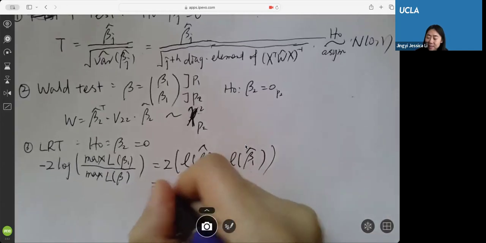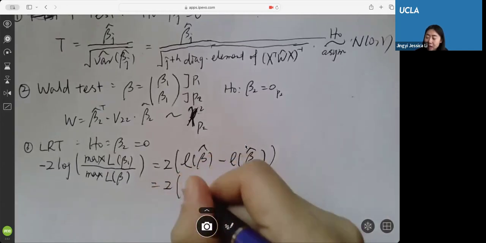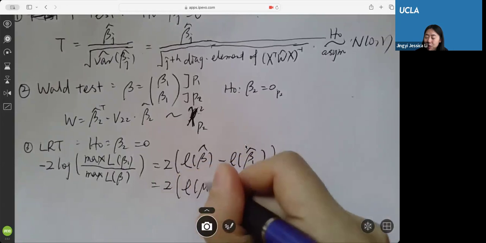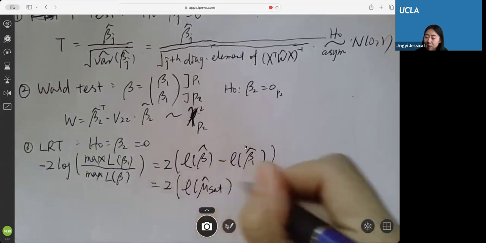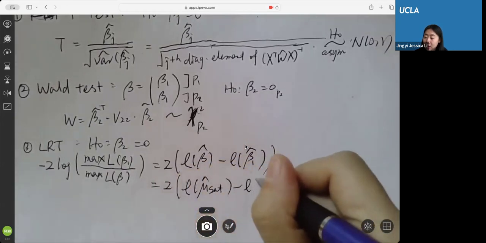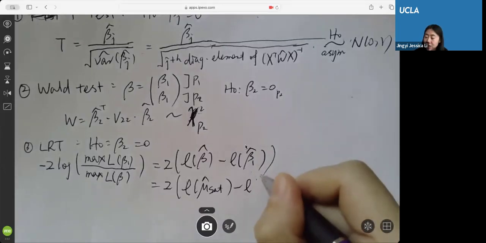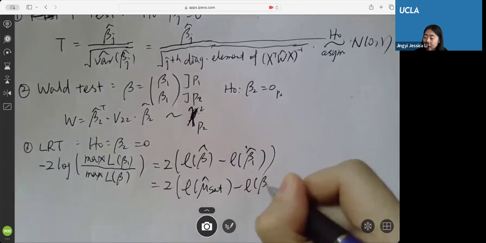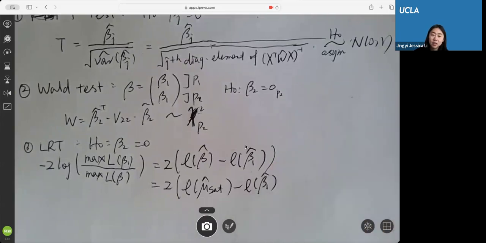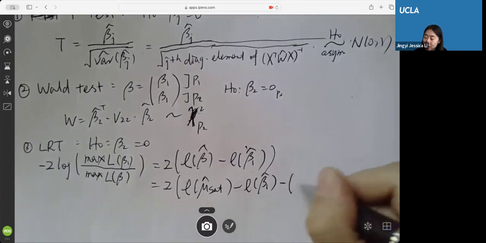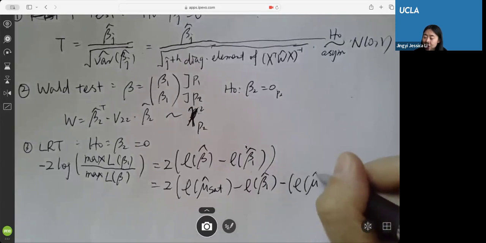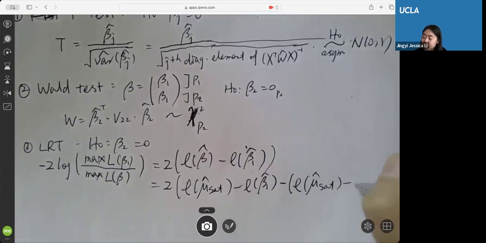Then I can see something interesting: I have L of mu hat saturated model minus L beta 1 hat, minus L of mu hat saturated model minus L beta hat.